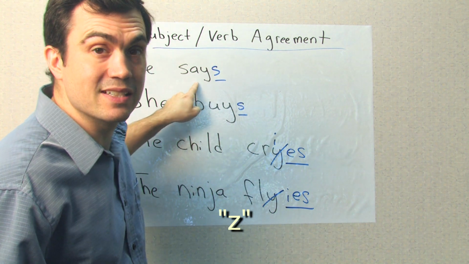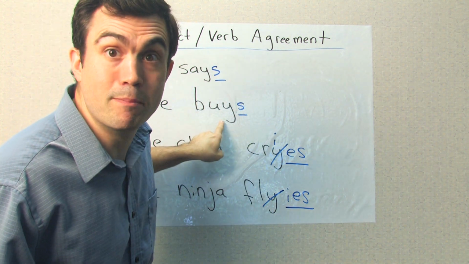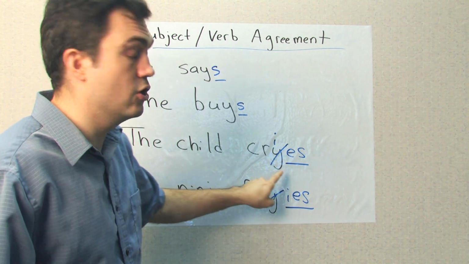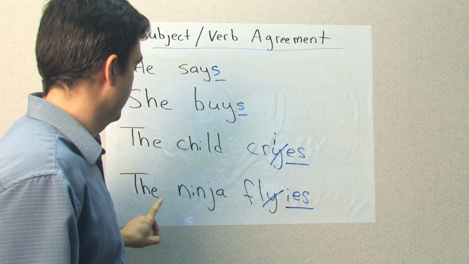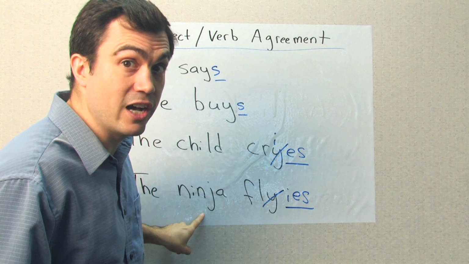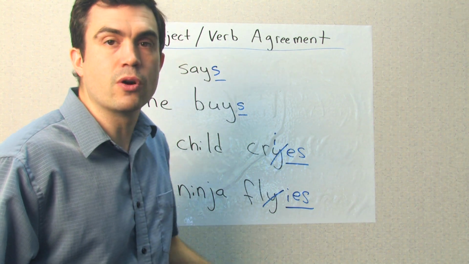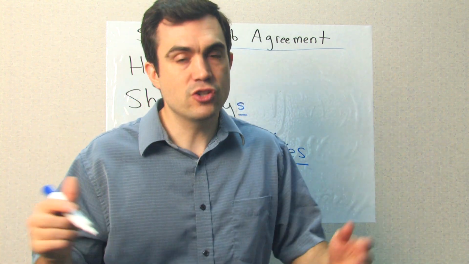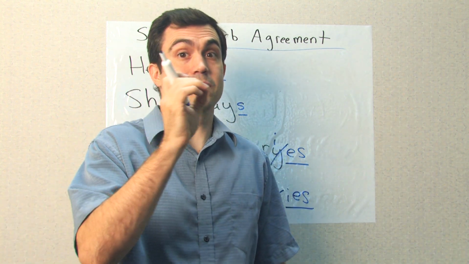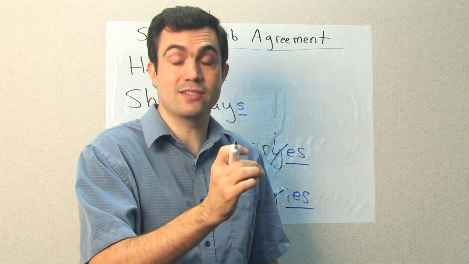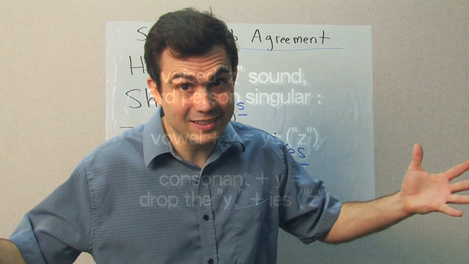He says, she buys. The child cries. The ninja flies. Yes. So vowel plus Y, just add S. Consonant plus Y, drop the Y, add IES. Easy, right?